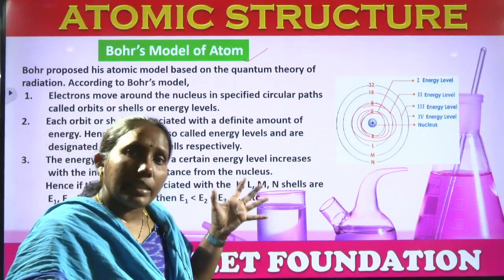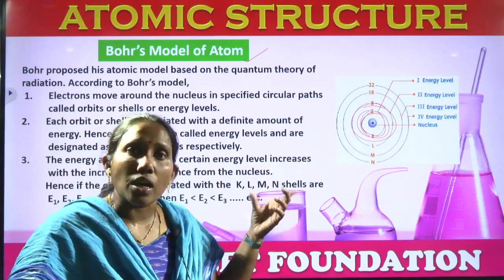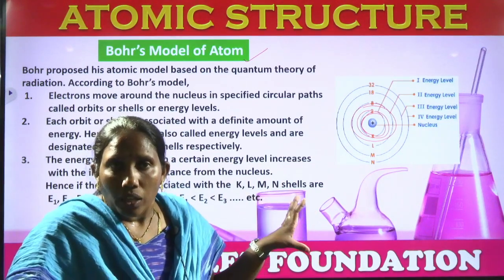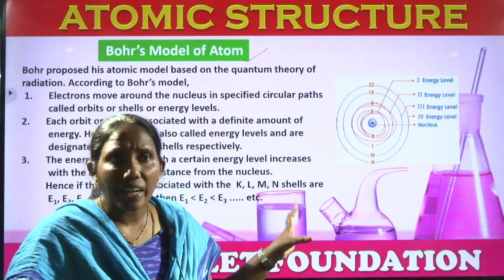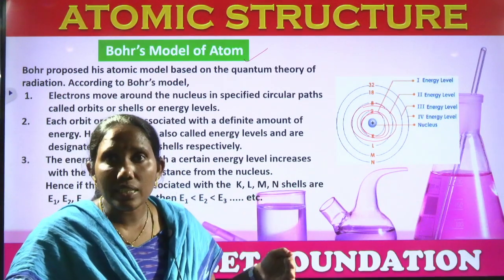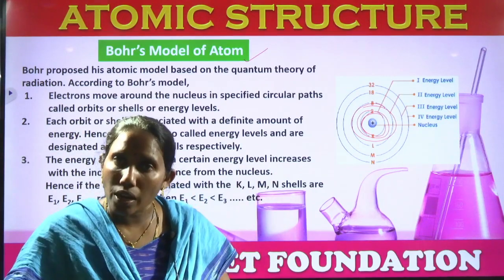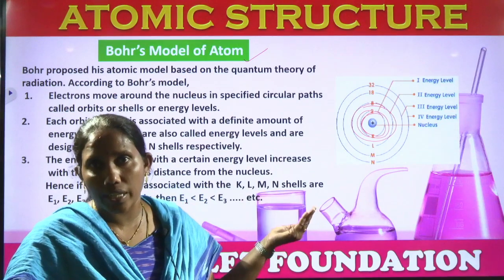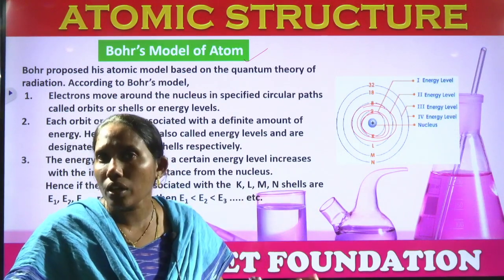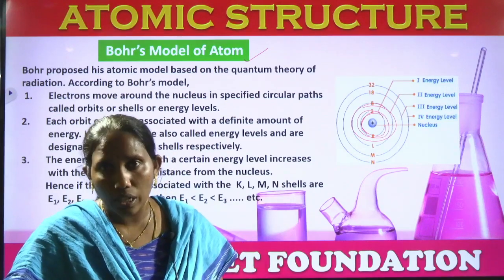For that, he has given the continuation: electrons revolve around the nucleus in a particular path and will not lose their energy. They exchange their energy, meaning they jump from a higher energy level to a lower energy level, or from a lower energy level to a higher energy level, but they will not fall into the nucleus. There is no question of collapsing into the nucleus.